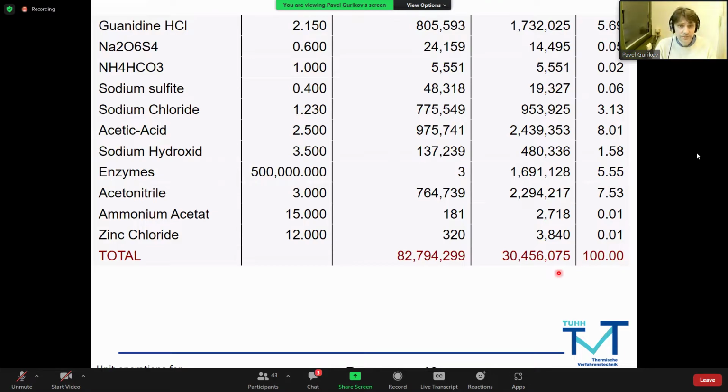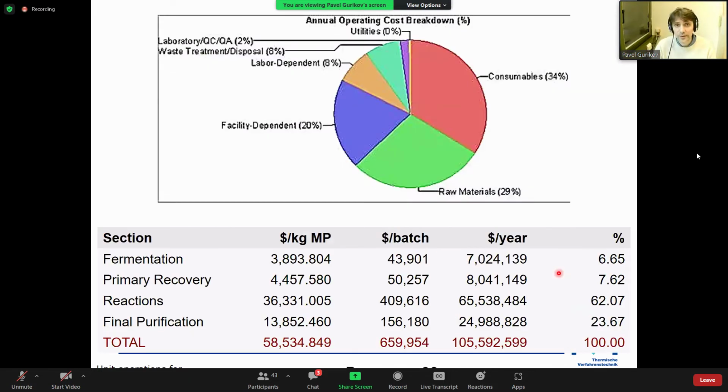Do you have questions? That's basically the way you analyze and see what the bottlenecks are. If people say, okay, increase our salaries by 5%, you see in this cost breakdown that it doesn't change much.